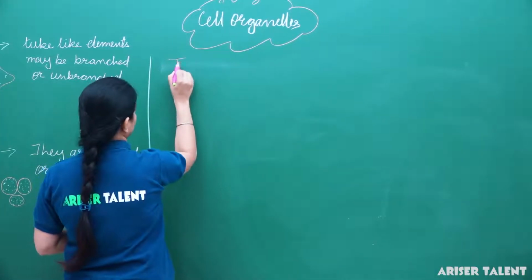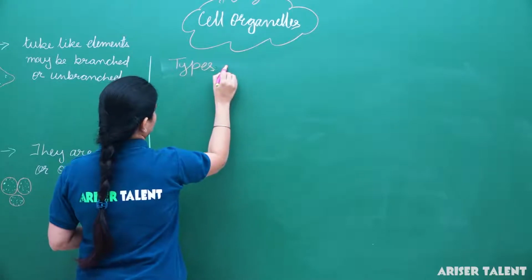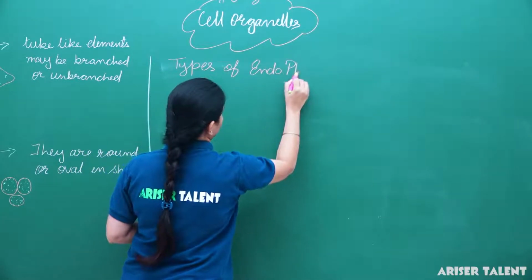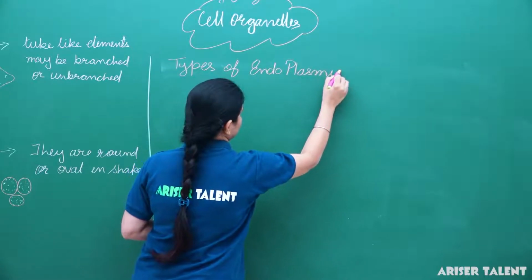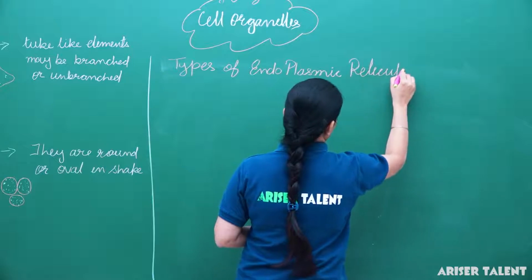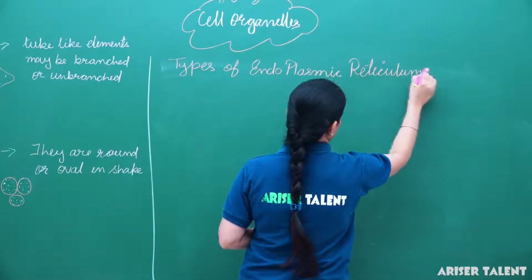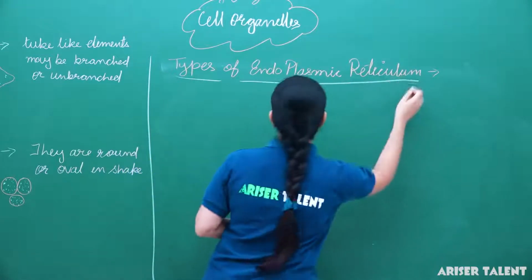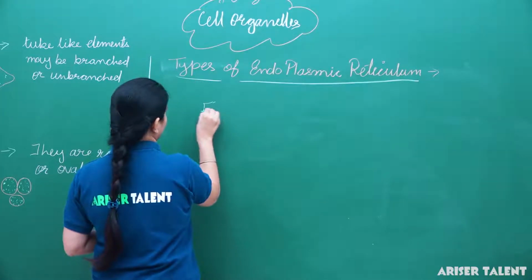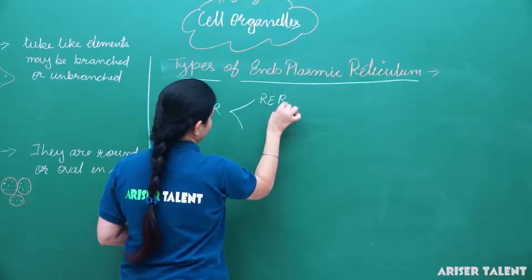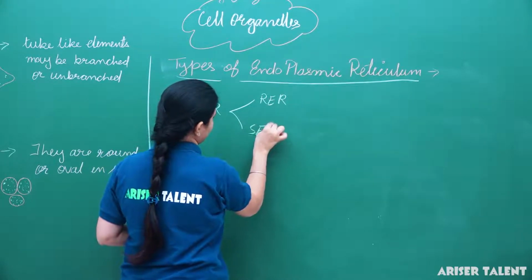Next is types of endoplasmic reticulum. Generally endoplasmic reticulum has two types, RER and SER.